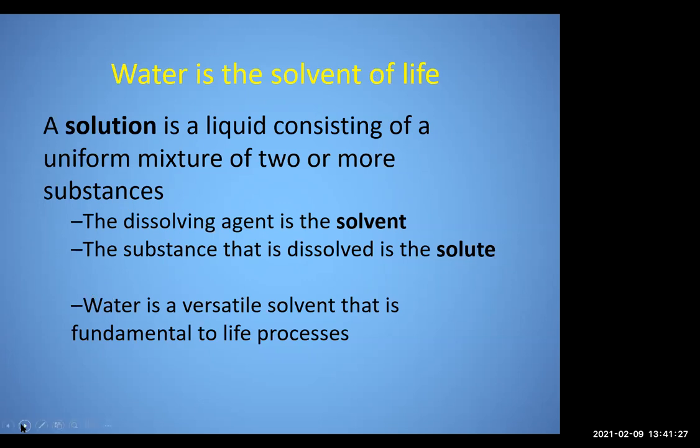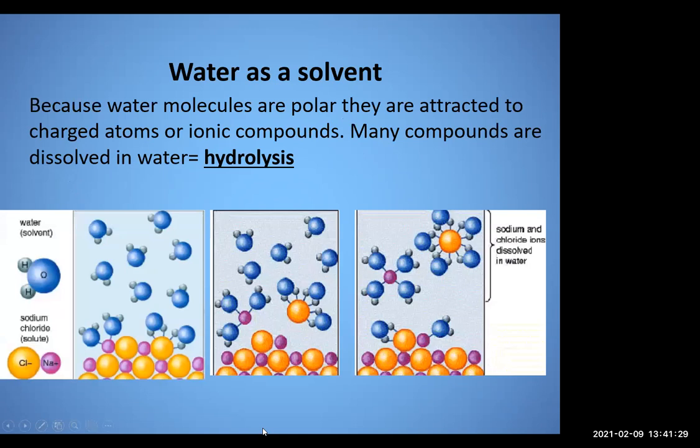Next property. Oh, this is how it works. It's called hydrolysis. We're going to talk about this on Thursday. Because of the polarity of water, the hydrogens are slightly positive, the oxygen is slightly negative. If it gets together with another polar molecule, such as sugar or salt, here we're seeing it with salt. Salt has a negative chlorine side and a positive sodium side.